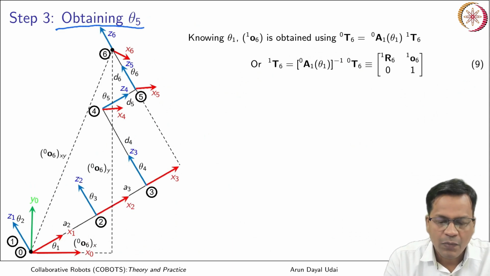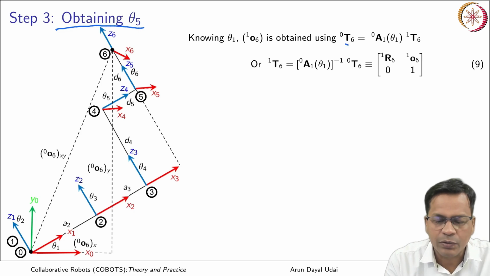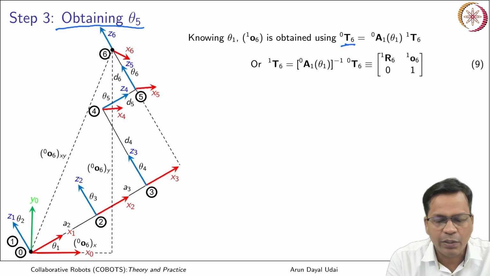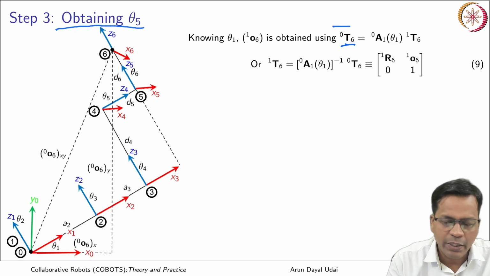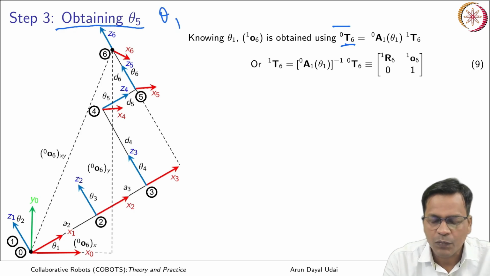Again, this is already given, 0T6, the end effector frame position and orientation, is known, that means 0T6 is known. That is a product of, now that I have already obtained theta 1 in the previous step, what I will do?